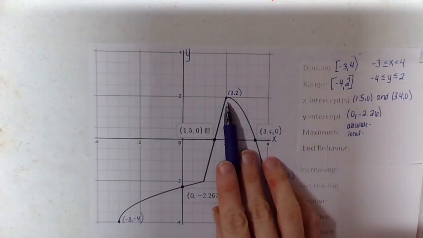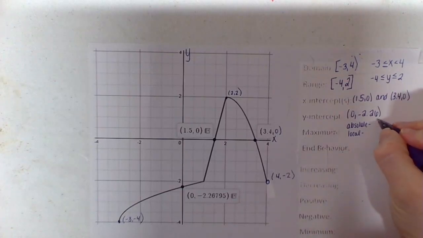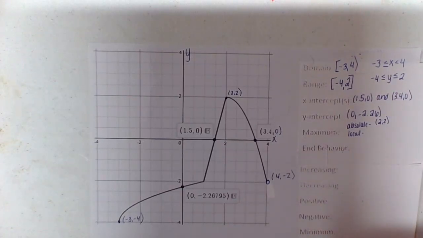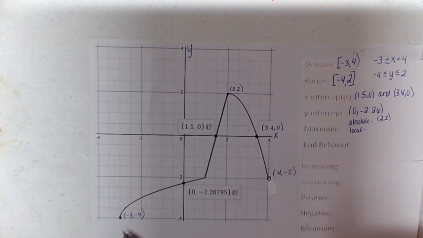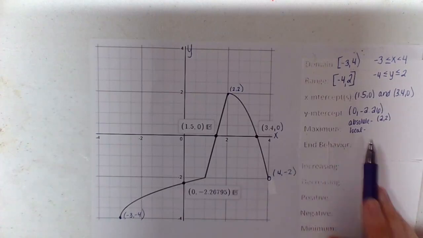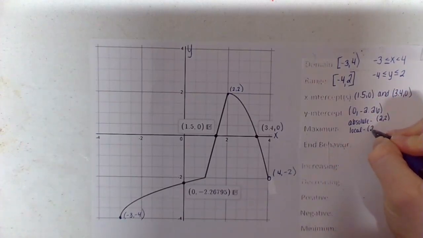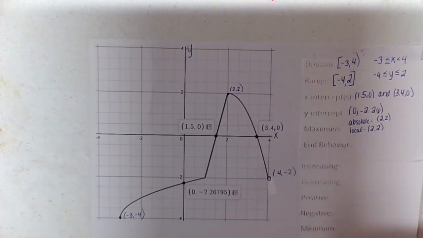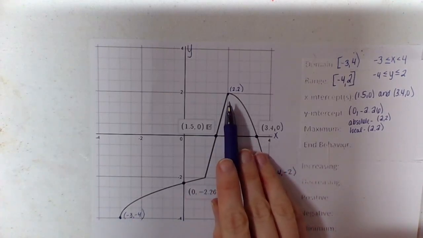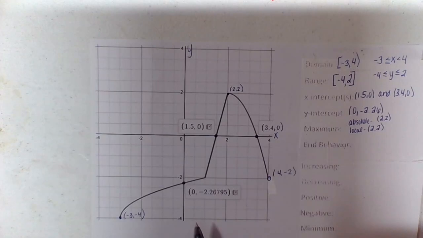Here, we have a point that is our absolute maximum point. 2, 2 is our maximum point. And well, 2, 2 is also the local maximum. It is the top of a peak. We do not have any other tops of peaks on here. This is the only maximum that we have.